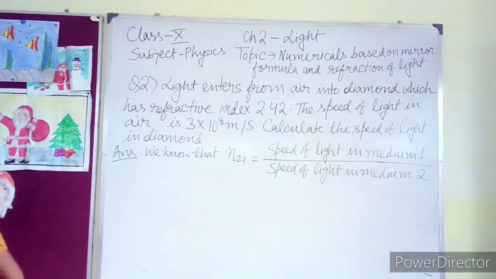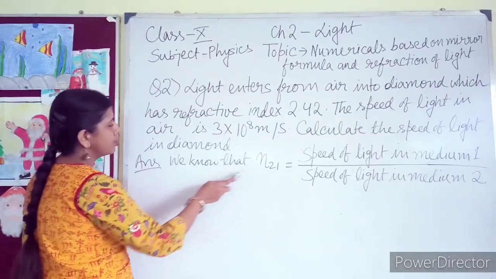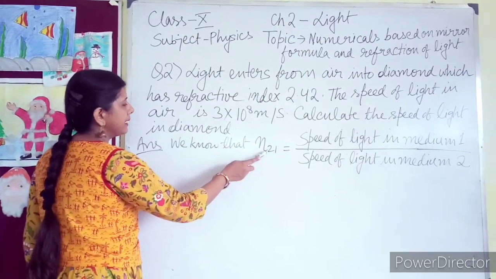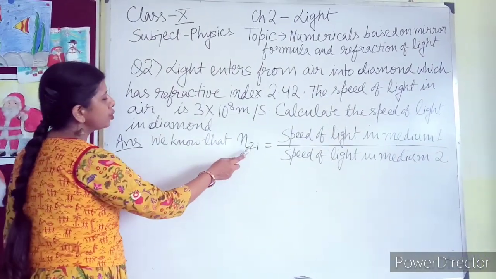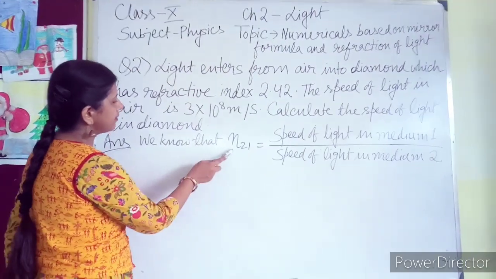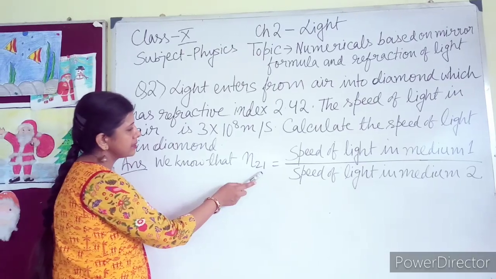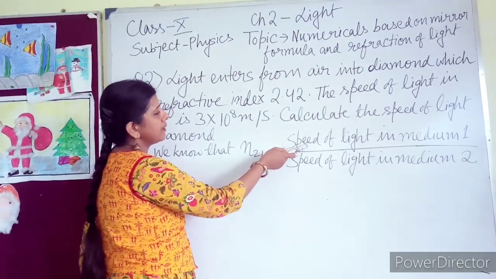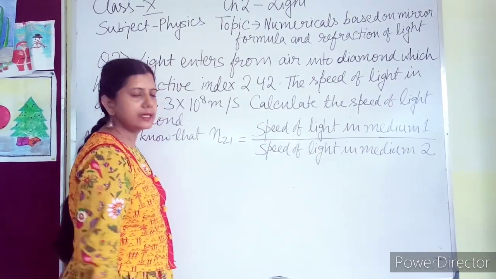Now, I know the formula that I have already written. We know the formula: refractive index of medium 2 with respect to medium 1, nu 21, is equal to speed of light in medium 1 by speed of light in medium 2.